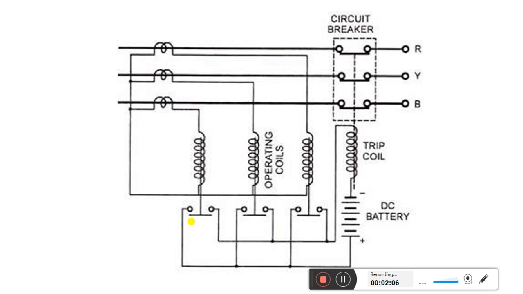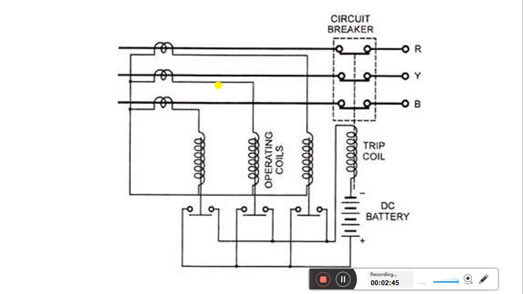So what will happen in normal operating condition, when there is no fault? In all the three phases R, Y and B, there is a normal current flowing, and these three CTs which are connected to this operating coil remain balanced. It means the current entering at one CT at one end is equal to the current leaving at the opposite end.